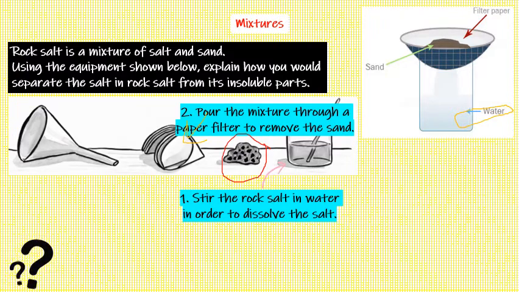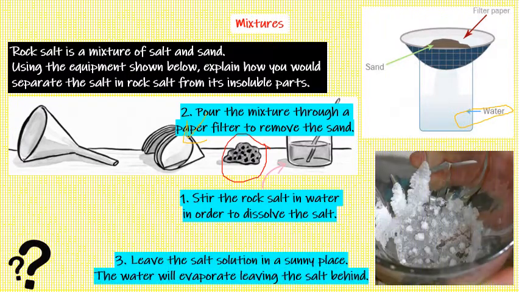Now, how can we separate the salt from water? What can we do? Perfect, by evaporation. We will leave the salt solution in a sunny place, or we can heat the mixture. The water will evaporate, leaving the salt behind. This way, we separated the sand from the salt.